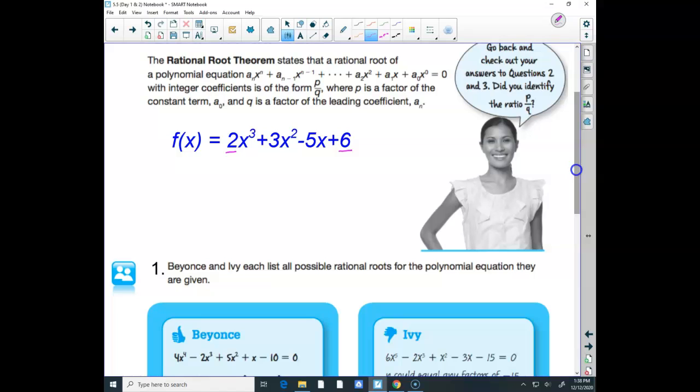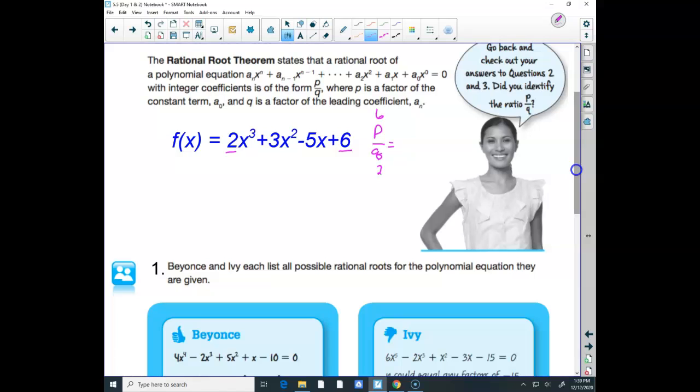So p over q is saying p divided by q. If my factors are rational, meaning if they're not ugly decimals, if they're a fraction or a whole number, not like the square root of 3, not an irrational number, they will be in the form of p over q. So what we're going to do is look at factors of p divided by factors of q. Well, p is actually 6, q is 2.